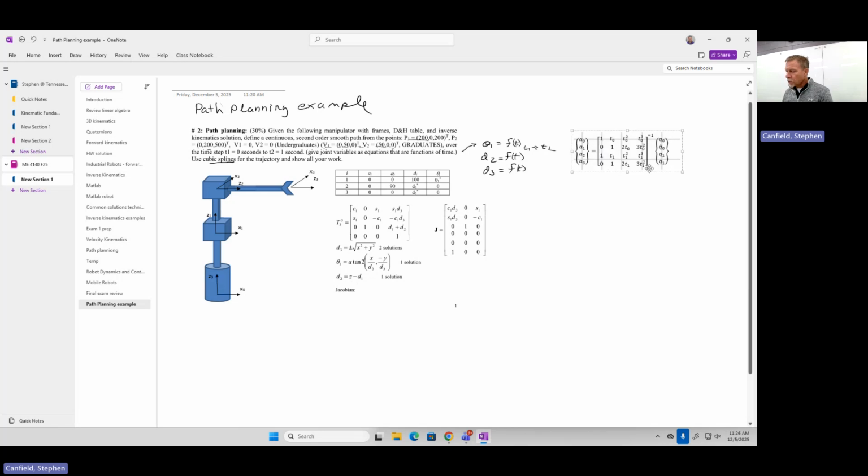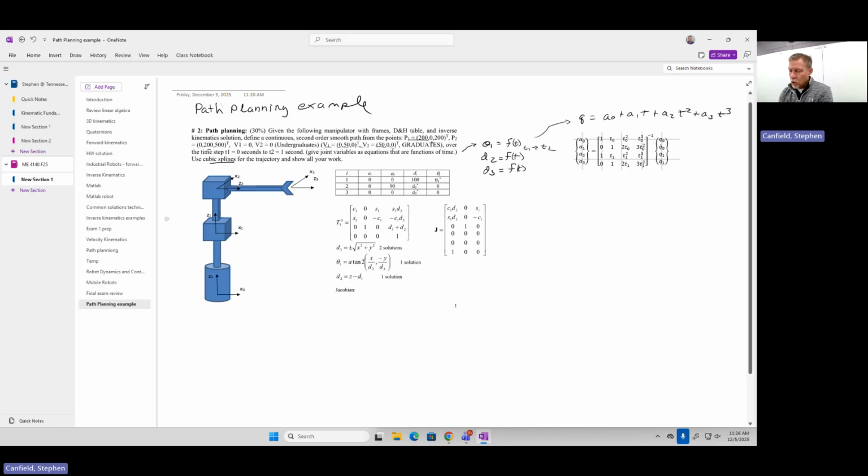And that gives us the coefficients of a description for our Q as a function of time. So from that, Q is A0 plus A1 t plus A2 t squared plus A3 t cubed. And that's the function we're looking for, for each of these. I've got to solve it for theta 1, D2, and D3.